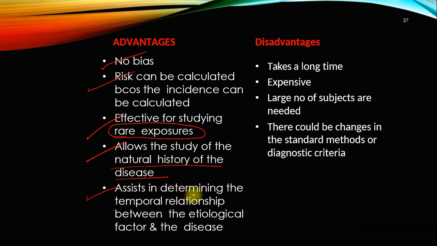Then it assists in determining the temporal relationship between the etiological factor, that is the exposure, and the disease. So the disease becomes the outcome. So what relationship exists between the exposure and the disease?